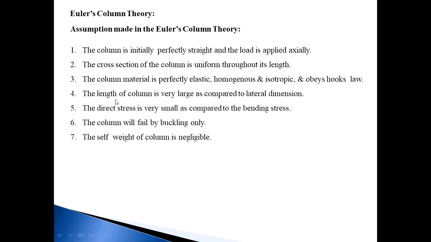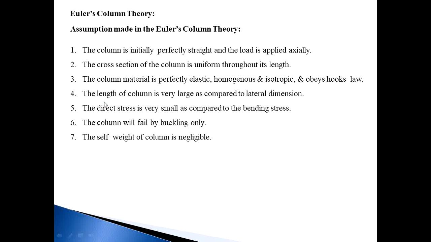Third, the column material is perfectly elastic, homogeneous, isotropic and obeys Hooke's law. Means the material of the column is perfectly elastic, homogeneous and isotropic, the property of the material at each and every point remains the same, and it obeys Hooke's law.